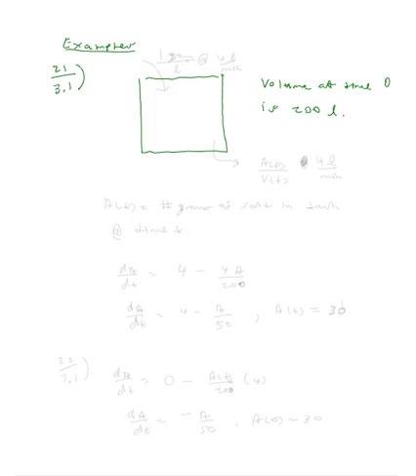And it says brine containing 1 gram of salt per liter is pumped into the tank at a rate of 4 liters per minute. So we have the liquid coming into the tank, and the flow rate in is 4 liters per minute, and the concentration in is 1 gram of salt per liter.